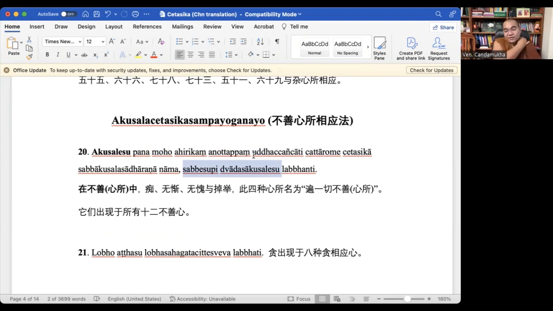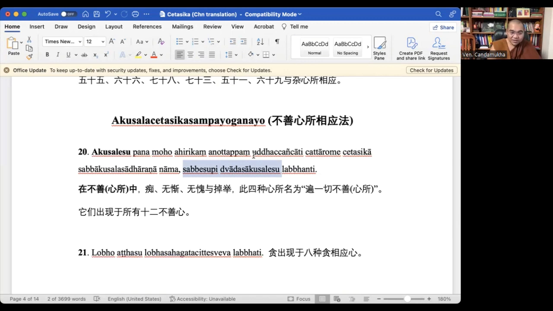By the time Dosa arises also, these four are available. That's why they are like salt. I don't know in your country, but in Myanmar we cannot make a curry without salt. So every curry has salt.